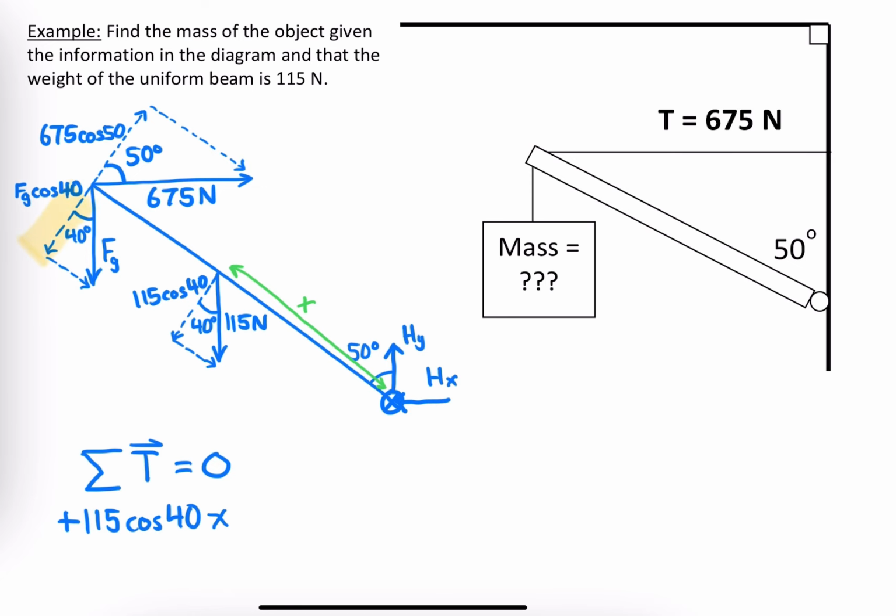Next up, look at this guy and the torques they create. So I've got another positive torque from Fg cos 40, and that's going to be at a distance of 2x from my rotation point.